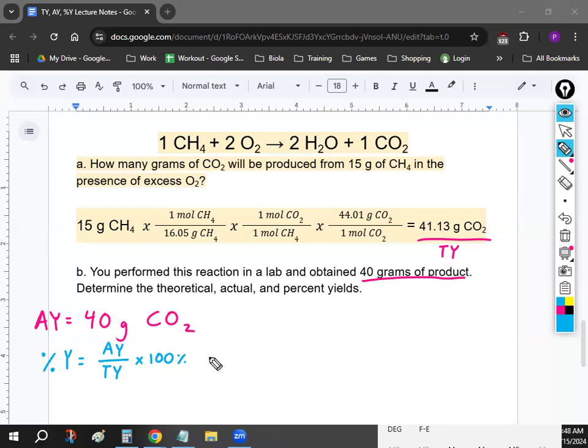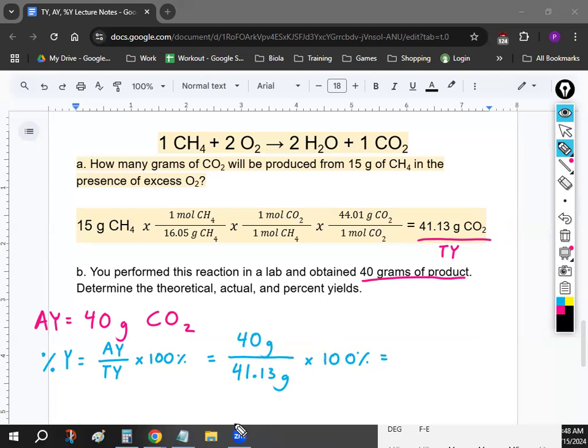All right, so let's plug in our numbers. Our actual yield, according to this problem, is 40 grams. So we're going to put 40 grams on the top of the fraction. We are going to divide by our theoretical yield, which we found to be 41.13 grams. And then we're going to multiply that by 100%. So the way that you're going to plug this into your calculator is the same type of math.